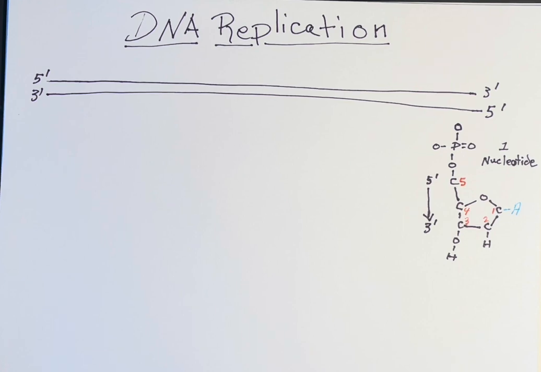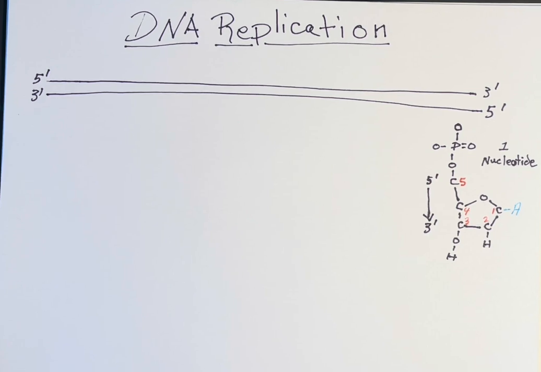I just drew one nucleotide, and you do not have to draw this nucleotide, but this was just to remind you where the 5' and 3' came from, that it was based upon the 5 carbon, the direction of the DNA oriented from the 5 carbon towards the 3 carbon. So again, you don't have to draw that, but just to remind you.